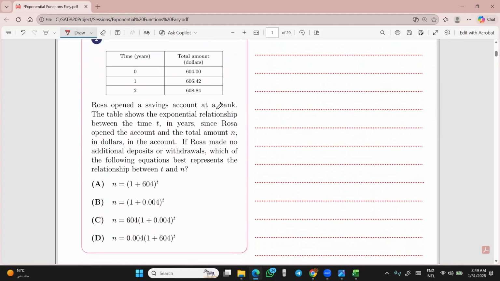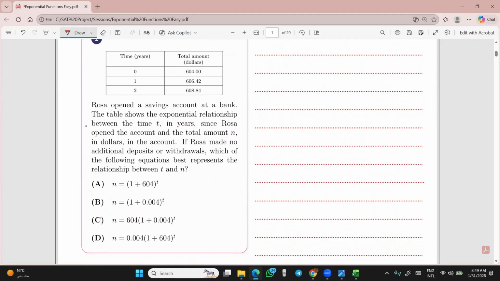The question says Rosa opened a savings account at a bank. The table shows the exponential relationship between the time t in years since Rosa opened the account and the total amount n in dollars in the account if Rosa made no additional deposits or withdrawals. Which of the following equations best represents this relationship between t and n?